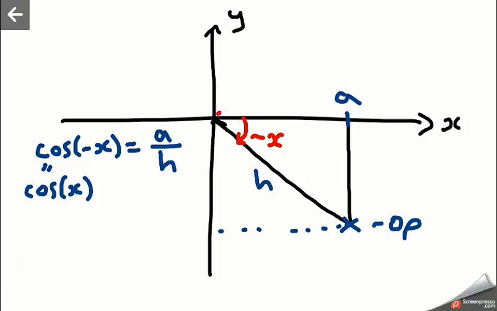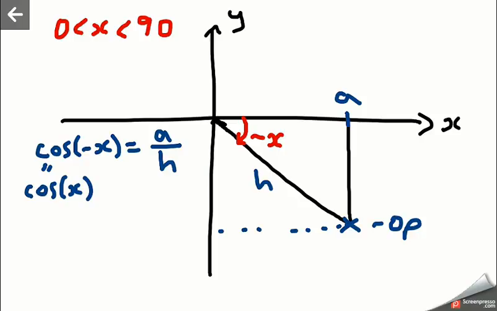It's always whatever the adjacent plot is divided by whatever the length of the hypotenuse is. And so if 0 is less than x less than 90, and we take cosine of negative x, it's actually the same as cosine of positive x. So that's pretty good, isn't it?